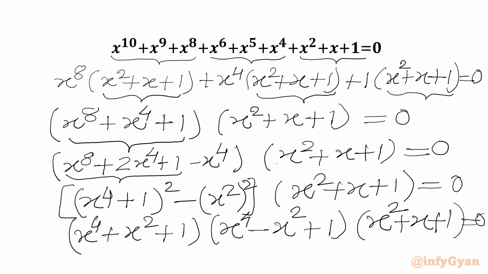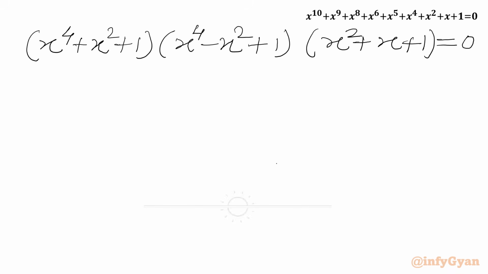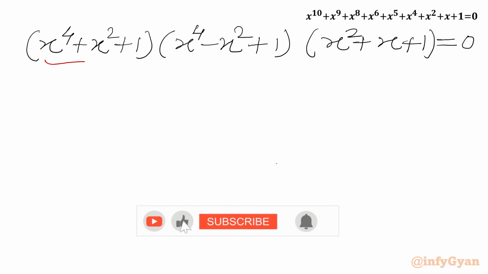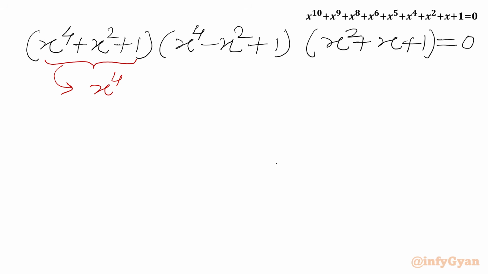Again we will use Sophie-Germain identity over here. So let me write our equation once. Here it is. Now we will take up this bracket first, which we can write as x power 4 plus x square, written as plus 2x square minus x square. Then we have plus 1.